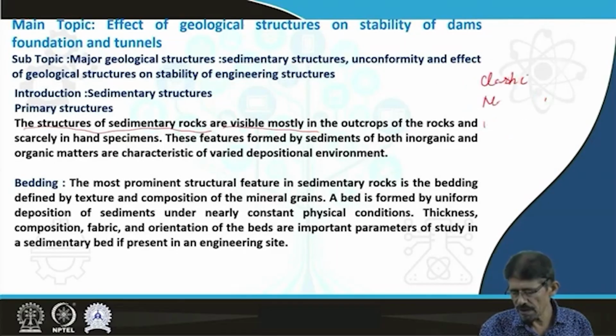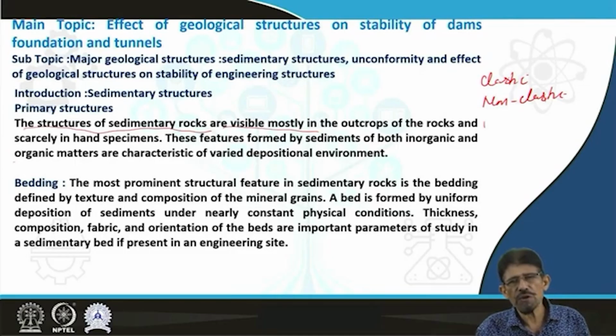The nature, features, geometry, extension of different sedimentary structures depends on availability of materials, depends on texture, depends on the capacity of the mediums which are responsible for carrying out the sediments, and the environment of the basin where these sediments are going to accumulate.